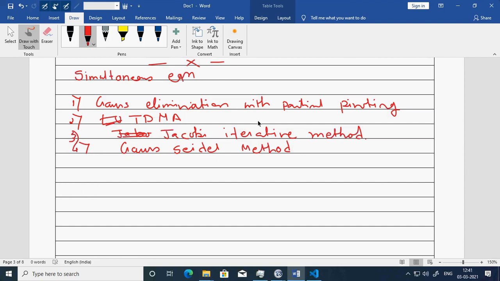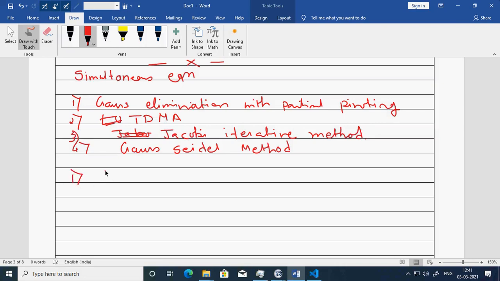So first is the Gauss elimination method, and then there are some drawbacks in Gauss elimination method, and therefore we try to do the partial pivoting to overcome that drawback. So we are going to start with the Gauss elimination with partial pivoting itself, and why the pivoting is introduced, that we will discuss while solving the numerical.